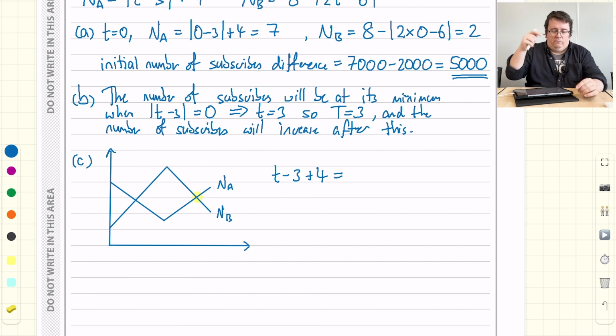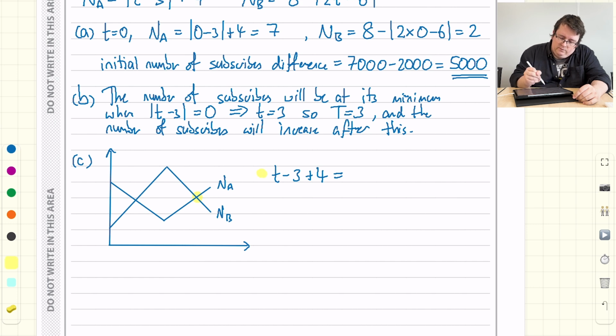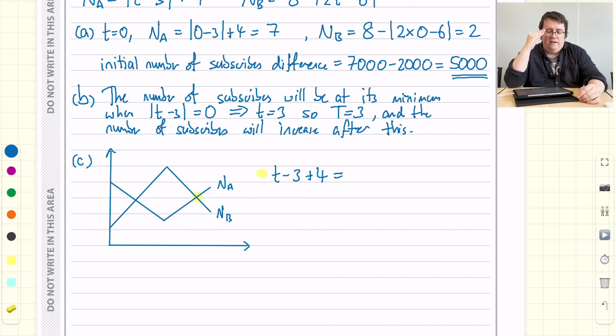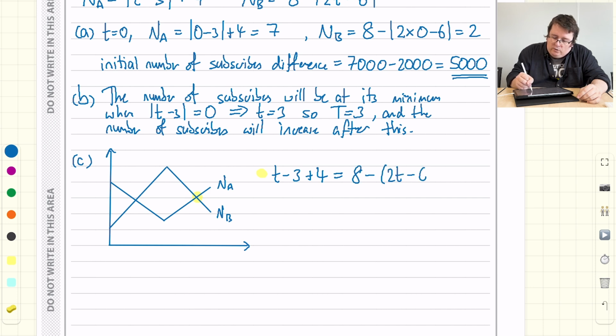So that is that part of the graph, the positive part. So let's make sure that's highlighted. Okay, and that's going to be equal to the negative gradient part of NB. So ignoring the modular signs, you want to keep the negative sign in front of the coefficient of t. So 8 take away 2t take away 6.